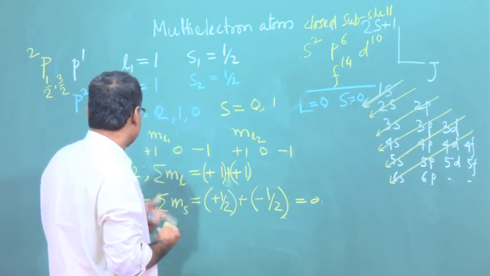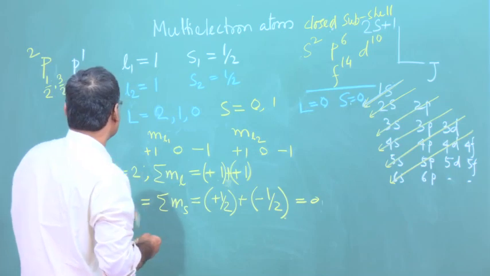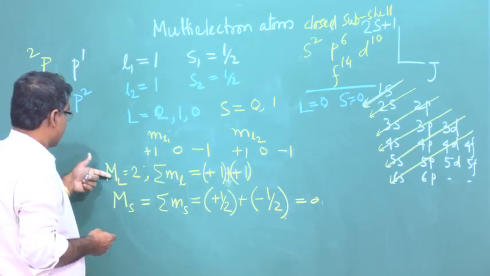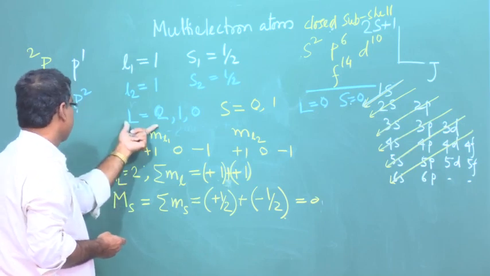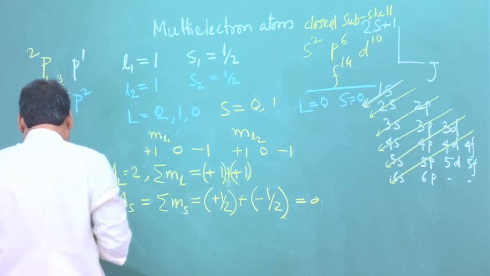So S is 0. When ML equal to 2, L has to be 2.